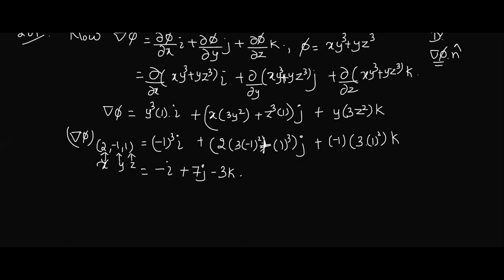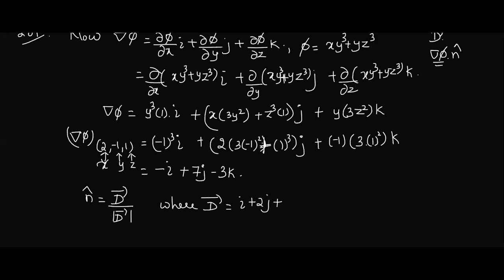Now what is required is n cap. We'll find n cap also, and then we'll take the dot product. n cap is nothing but vector d divided by magnitude of d. What is my d? The given vector: i plus 2j plus 2k.